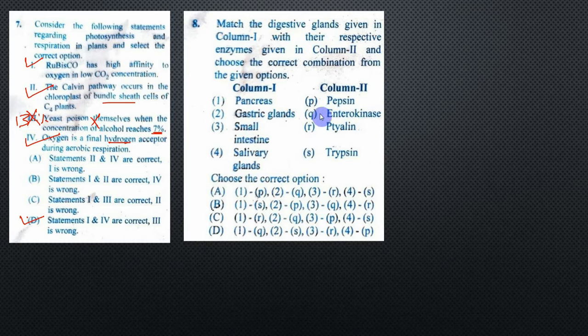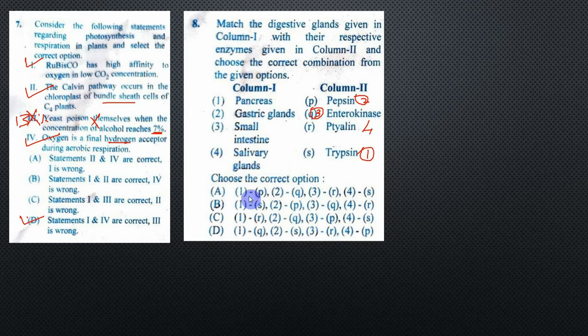So based upon this, you have to match column 1 with column 2. You can see over here that the pancreas is having trypsin, and the gastric glands mainly have pepsin. Next is the small intestine, which is the source of enterokinase, and finally the salivary glands, which have ptyalin, right?